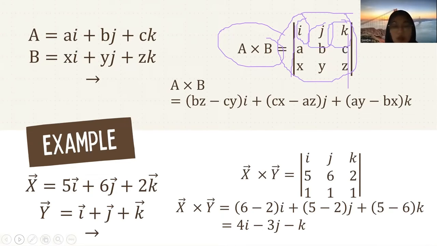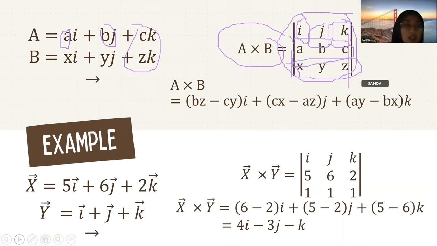And then the components of A in the second row, and the components of B in the third row, x, y, and z.